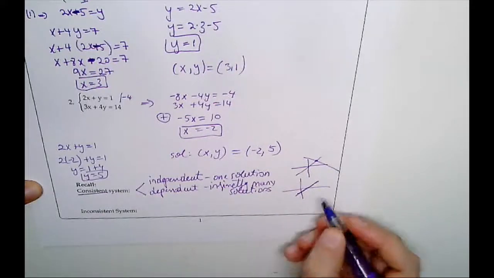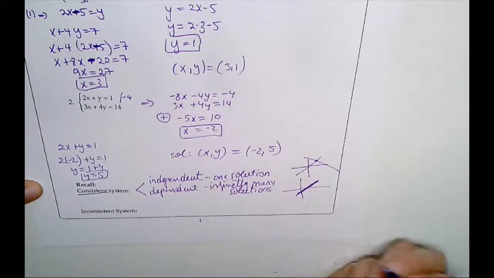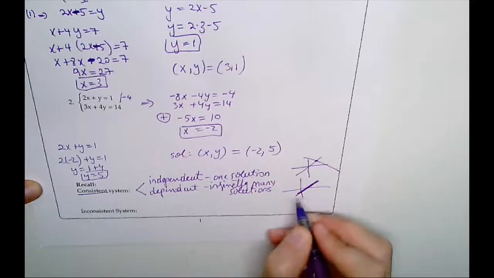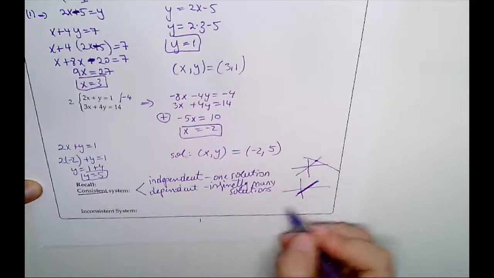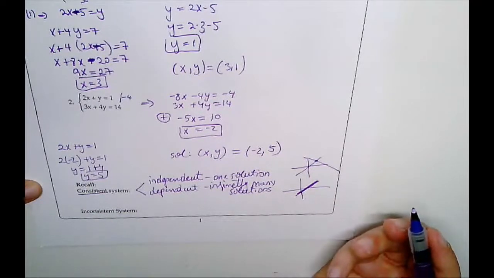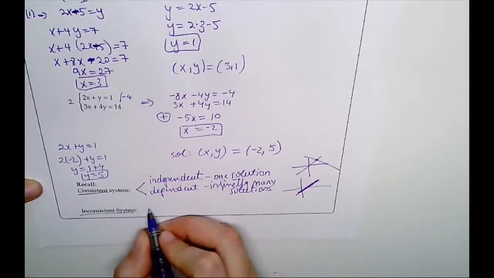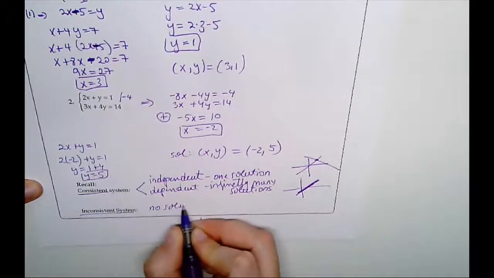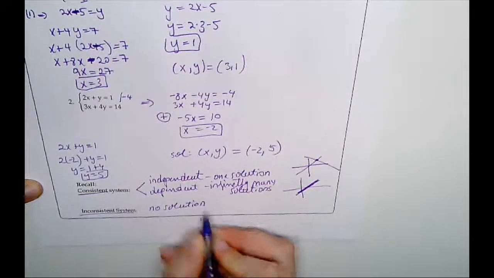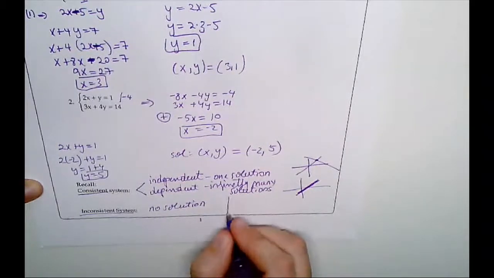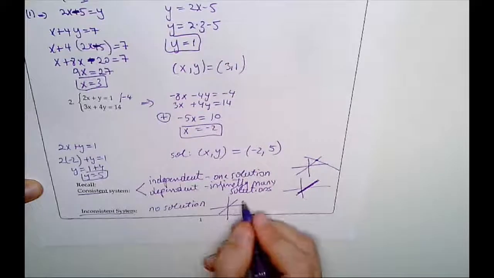So you had one line and the second line was exactly the first line. So there were infinitely many solutions. The 2 lines intersect in infinitely many places because they are the same. And finally, an inconsistent system was one with no solution, and the graph was that the lines were parallel.